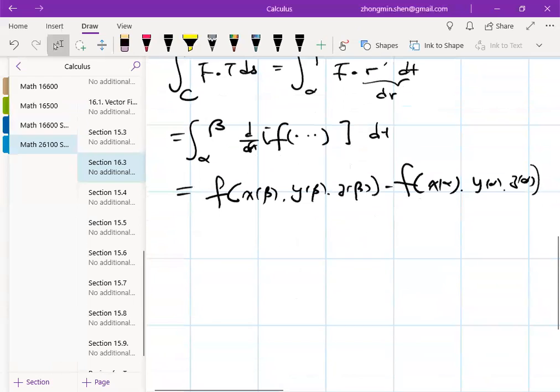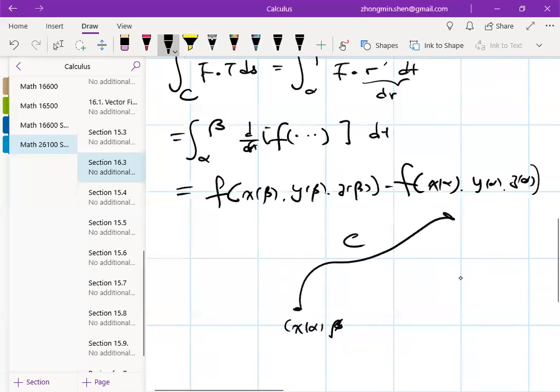Now let me draw the picture for you. So this is C. This is a point, the starting point. So it is x(alpha), y(alpha), z(alpha) when t equals alpha, right?